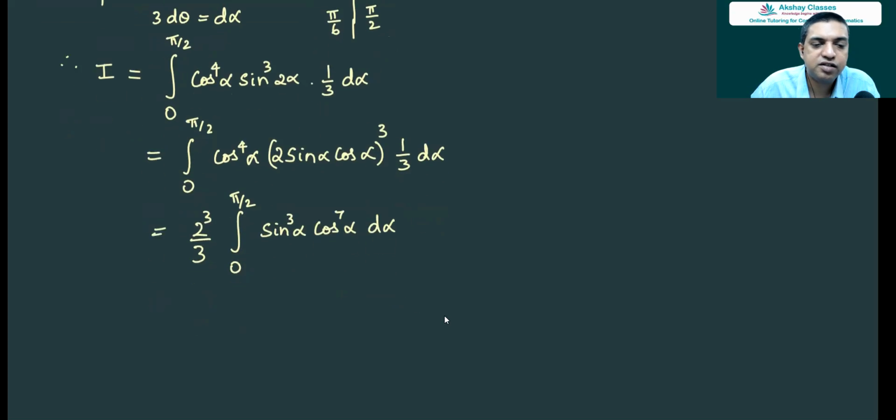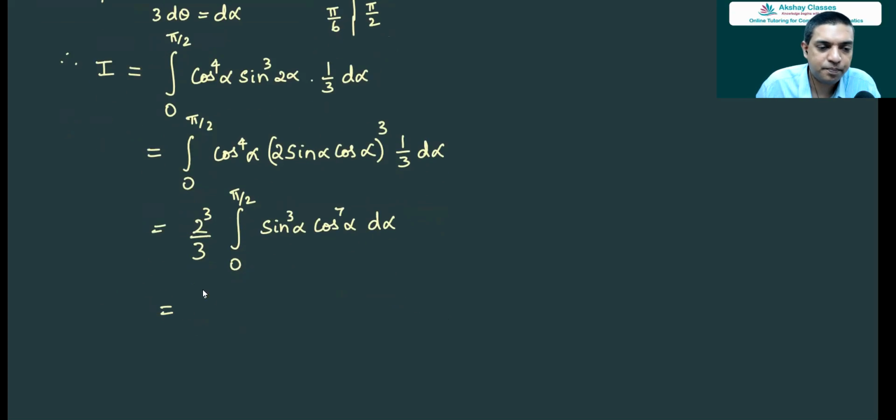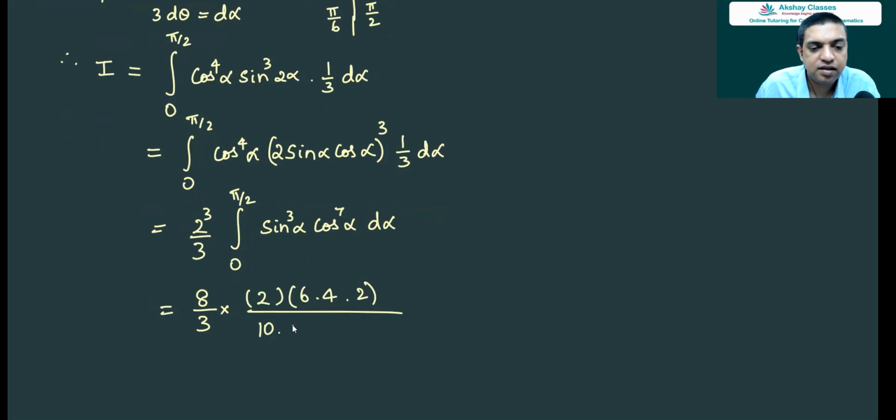This is now in the Wallis formula form. So this is 8 upon 3 times, this is 3 minus 1, that is 2, so it ends at 2 here, multiplied by 6, 4, 2. Denominator is 10, 8, 6, 4, 2.